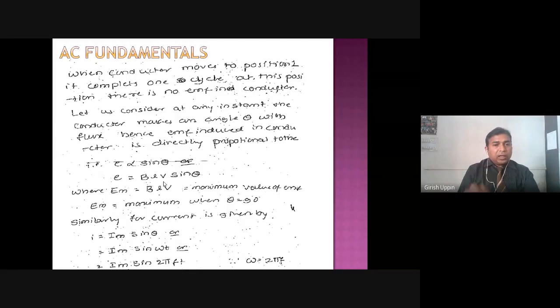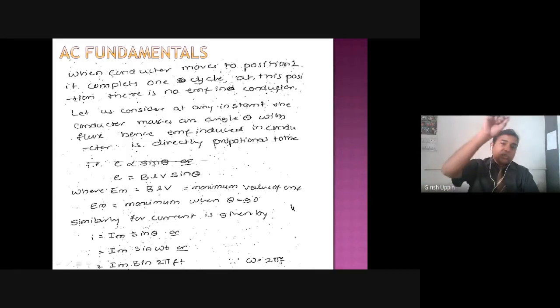So we can say that the EMF induced in the conductor is directly proportional to the sine of that particular angle. Initially at position 1, the angle between the flux and the direction of motion is 0. That is why sine of 0 is 0, and we get 0 EMF.